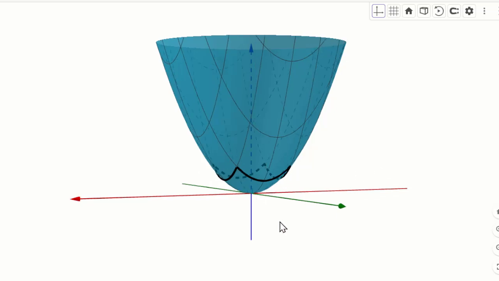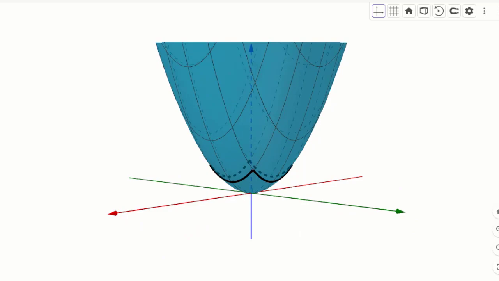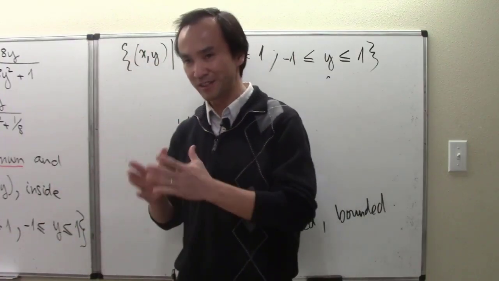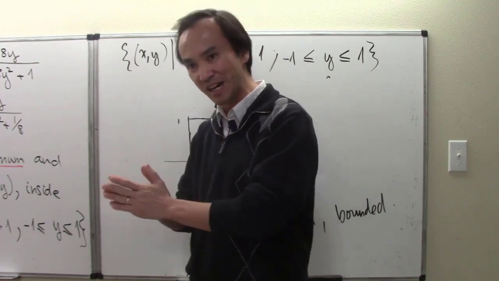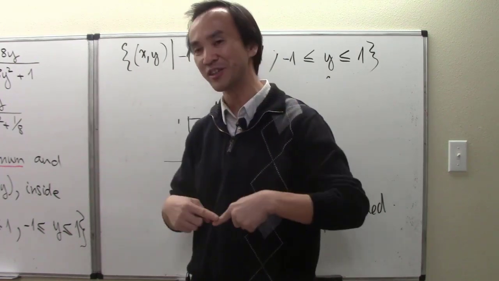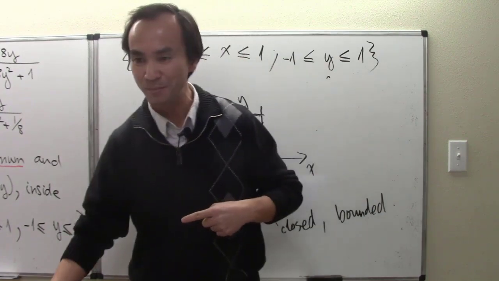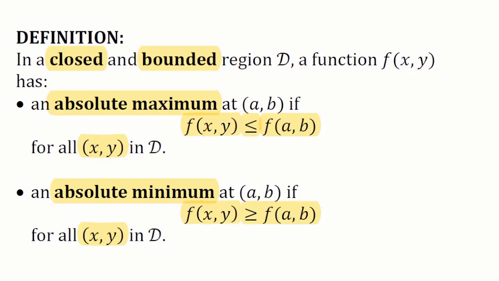And that's why, in that idea right there, the concept of absolute maximum and absolute minimum can only be done when you restrict your function to a certain domain. And that's why back in the definition, that domain had to be a closed and bounded domain. And so now anytime inside a closed and bounded domain, you should be able to find an absolute maximum and absolute minimum.